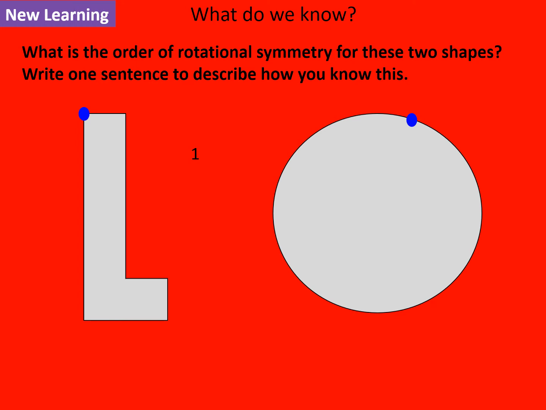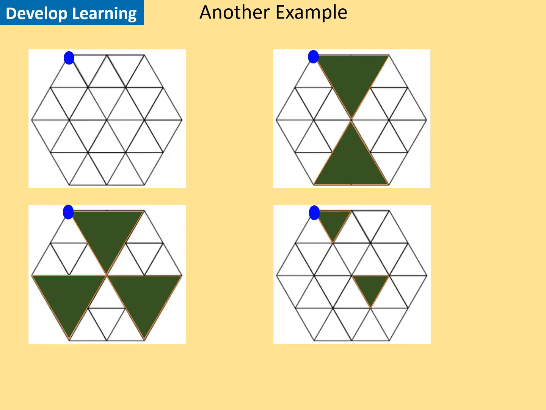What about for a circle? We should know now that this is infinite, and this is because no matter how much you turn the shape, it will always fit into itself. Throughout the whole 360-degree turn, the shape fits into itself the whole time, so that means it has an infinite order of rotational symmetry.